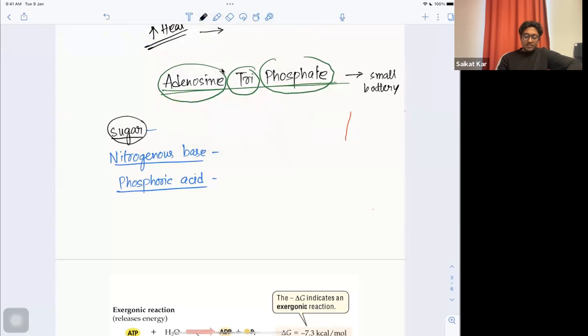This sugar is ribose sugar, which is also found in RNA. And the nitrogenous base is also a chemical compound, a 2-ring structure called purine, but the exact name is adenine. So when ribose sugar is added to adenine, we call it adenosine.